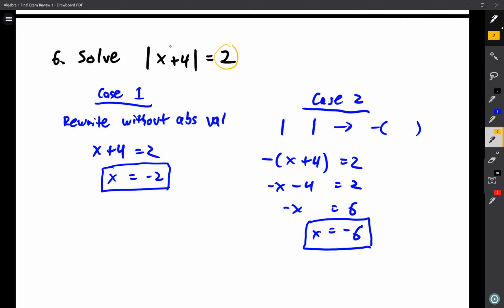So like if we graph them on a number line, what this problem is saying is our target is -4, and we want to know what numbers are 2 units away from that. 2 units away, 2 units away. What numbers do we get? We get -2 and -6. Our answers there. Okay, that was number 6.